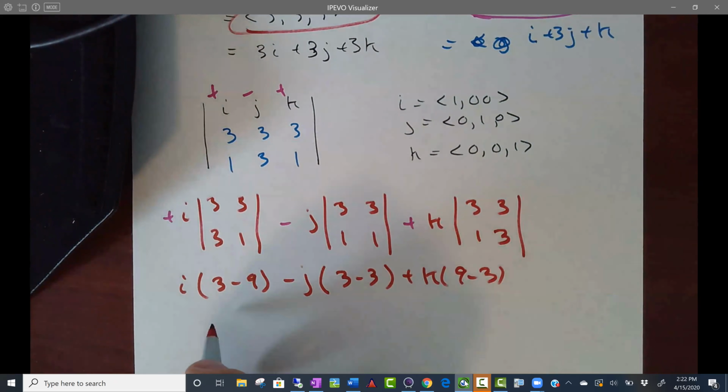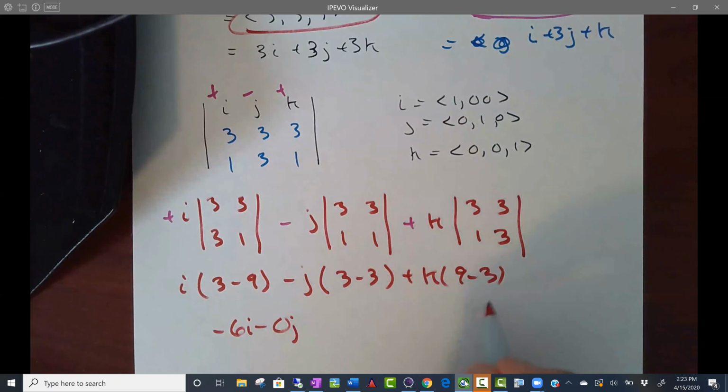So I'll get negative 6i, minus 0j, plus 6k. Or you could write it as negative 6, 0, and 6.